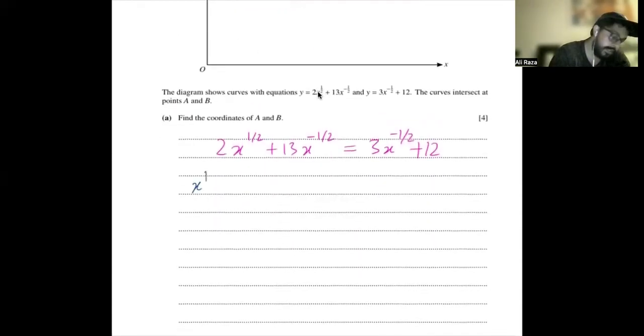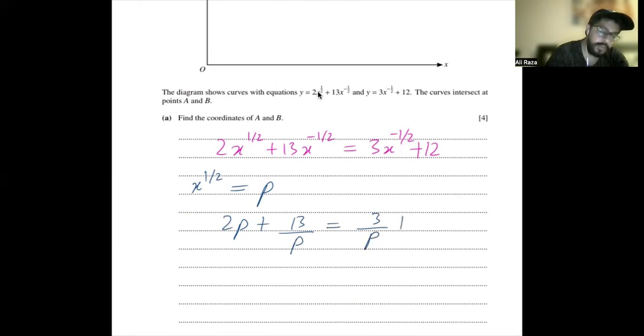Now let's take x power 1 over 2 as a variable p. So we have 2p plus 13 over p is equal to 3 over p plus 12. 2p plus 10 over p minus 12 is equal to 0.